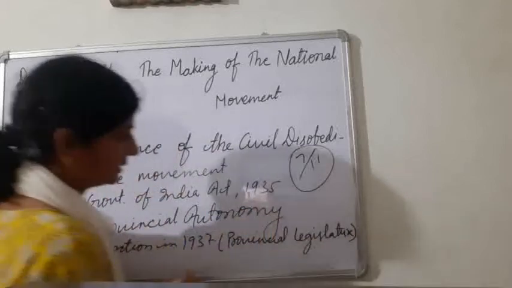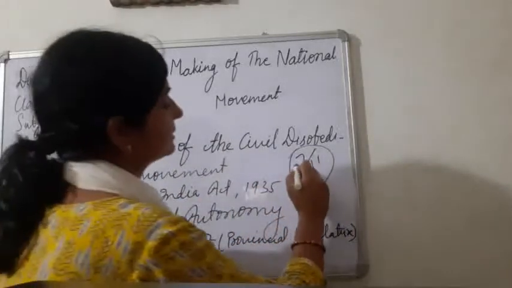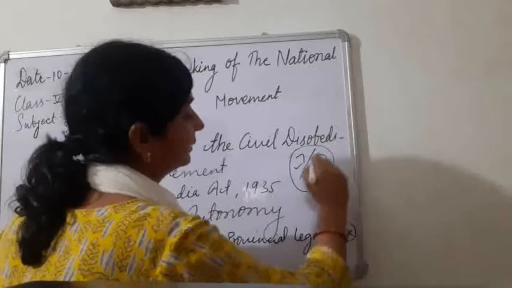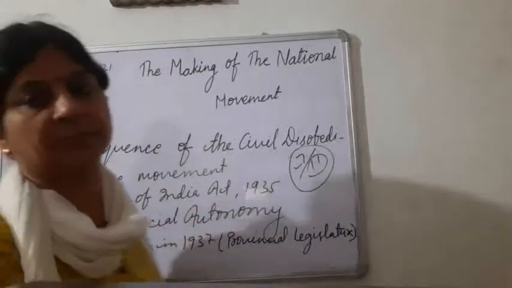And in this provincial legislature election, Congress won in 7 provinces out of 11. 11 टोटल थे, उसमें से 7 में कांग्रेस ने जीता.